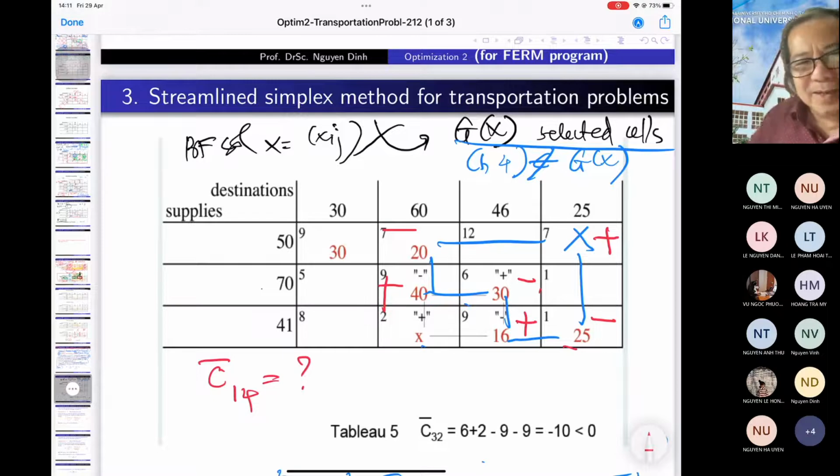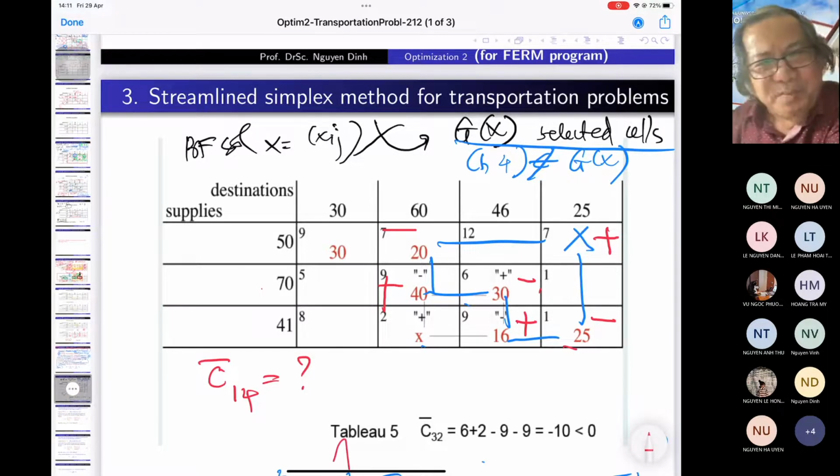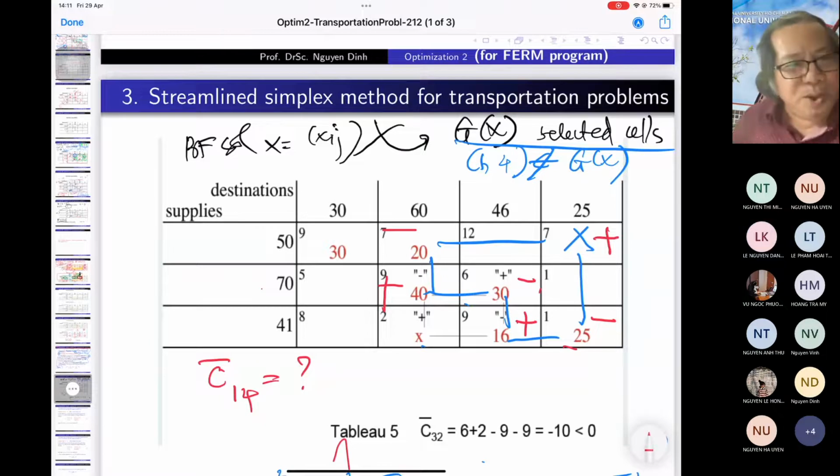Quick. You get 5 points for this answer. First person, raise up your hand. Hello? What is C bar 1, 4? 20. Who is it?